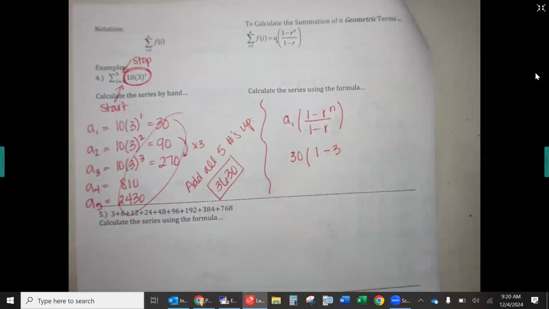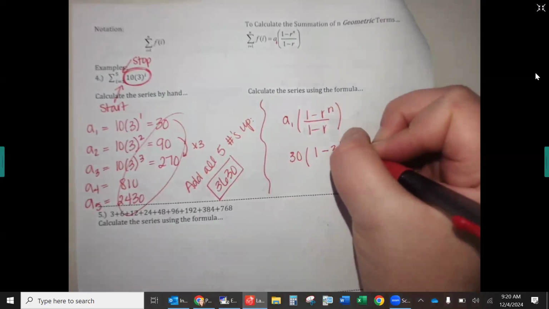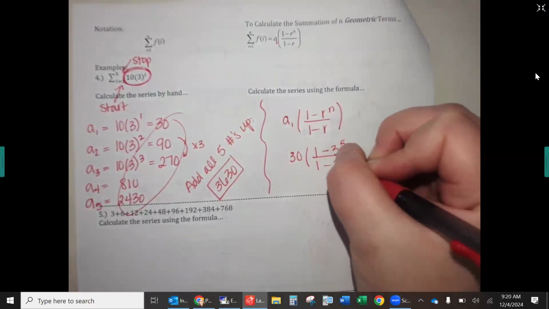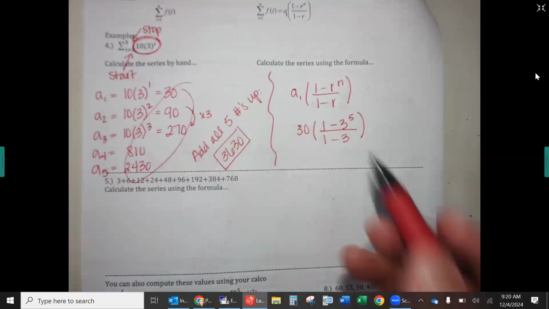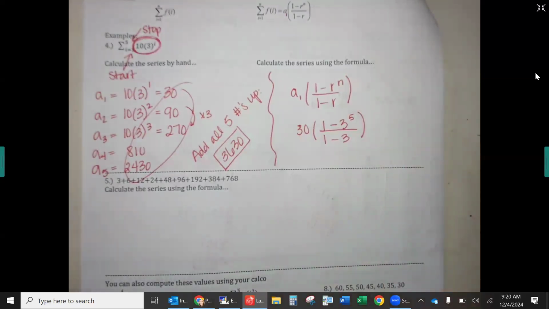And then N is going to be the last one that you do, which is 5. And then over 1 minus 3. So remember, N is the last one. It's like what you're stopping at. Okay, and then if you'll just type that formula in, you should get 3630.